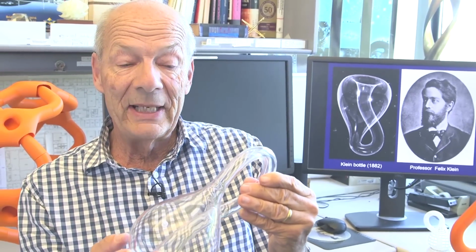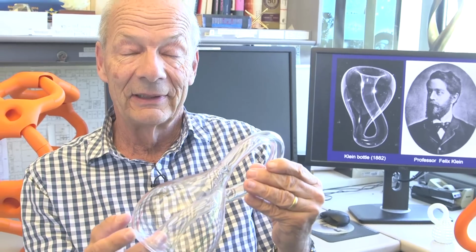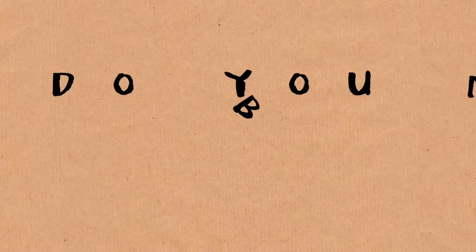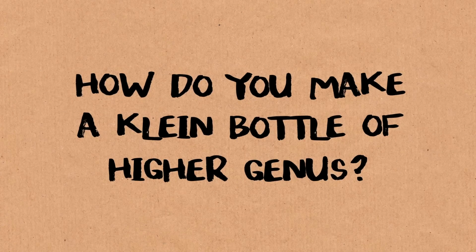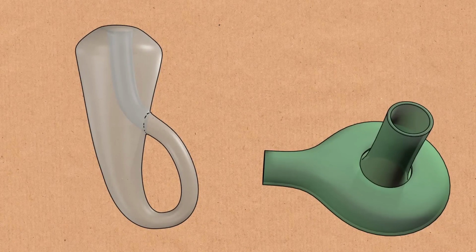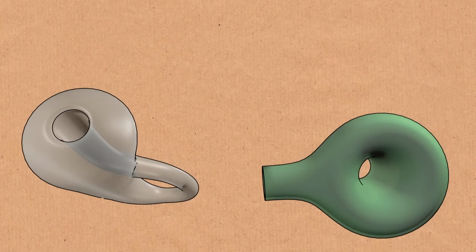Now I would like to make better Klein bottles of a higher genus. Now, how could we do that? I would like to build these super Klein bottles in some modular way. The first possible way of making a module is what I'm showing here. I'm essentially taking the top half of the classical Klein bottle that has the important mouth.